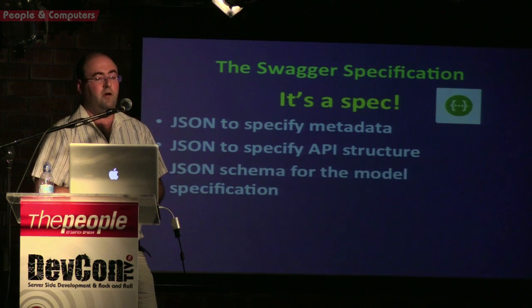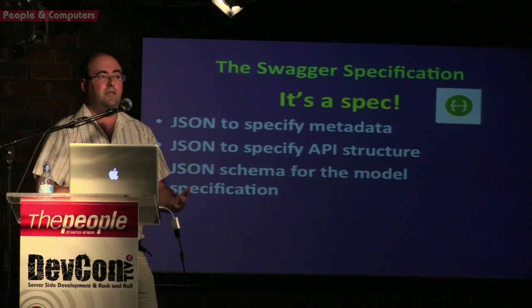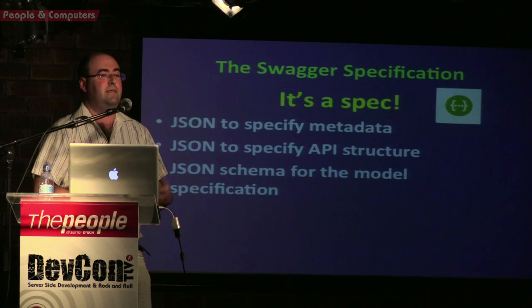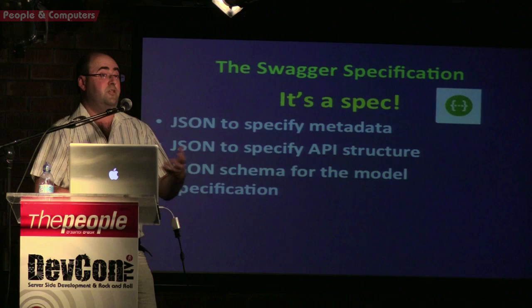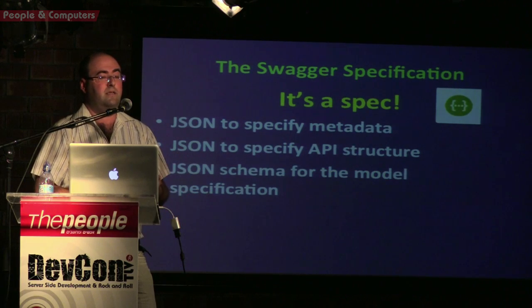Swagger also adopts another emerging standard in the industry called JSON Schema. JSON Schema is a standard in which you can specify entities of your system. It's a JSON in which you write what are the field name, type, whether it is required or not, and many more details. It's similar to XSD in the XML world.